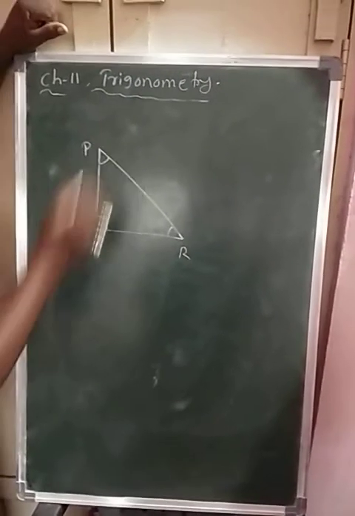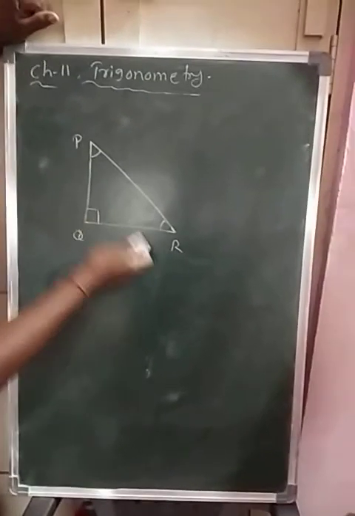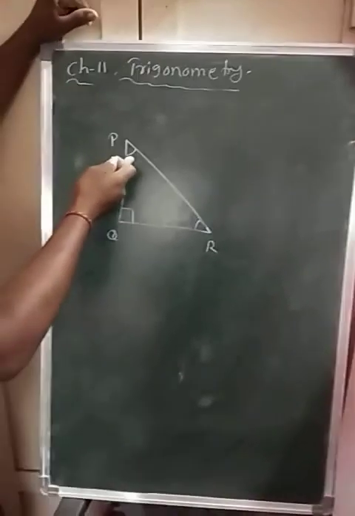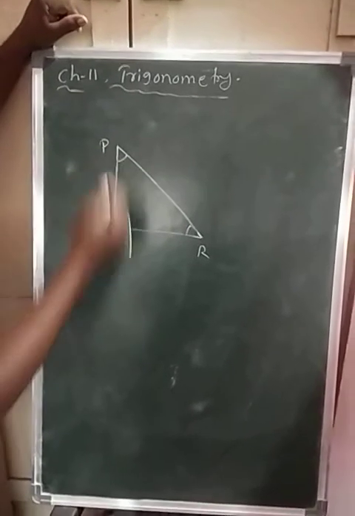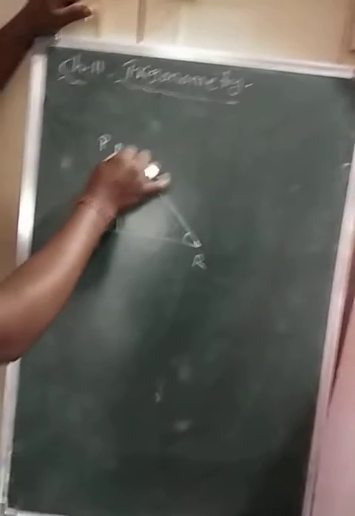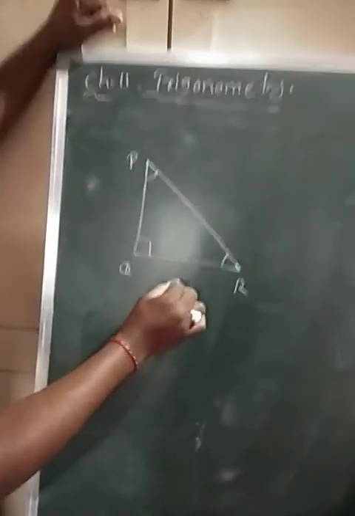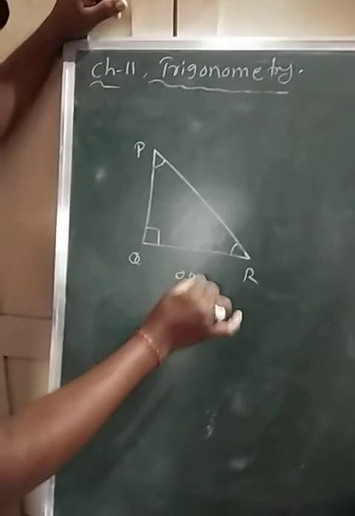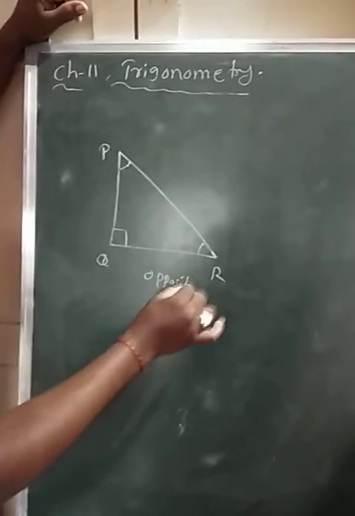Everyone observe here. With respect to angle P, what is the opposite side? The opposite side of angle P is QR.